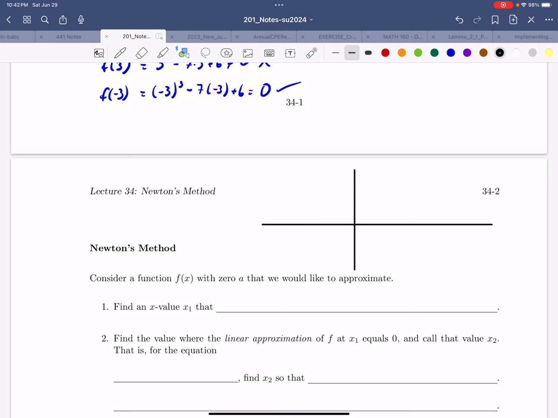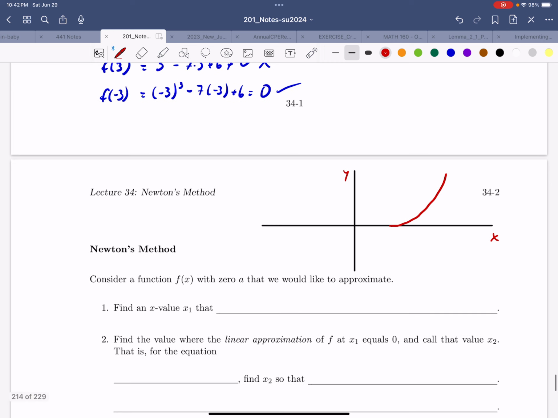Consider a set of axes. Now consider some kind of a curve, maybe like this. And this is where our zero is, right there.